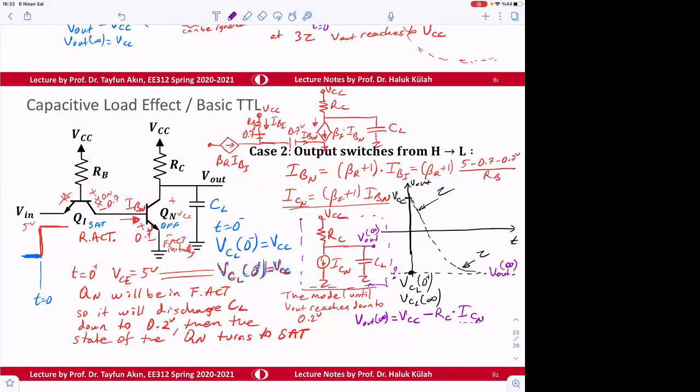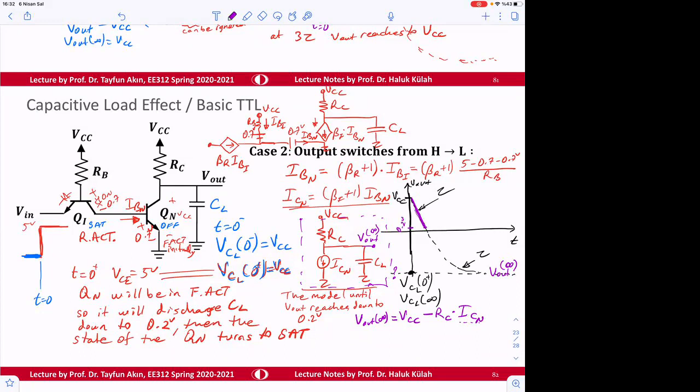Okay, so the trajectory is like this. So this is now trying to discharge within this line, and that cannot continue up to this 0.2 volt because the state of the transistor will switch. But until that point where it becomes 0.2 volt, this will be the state.